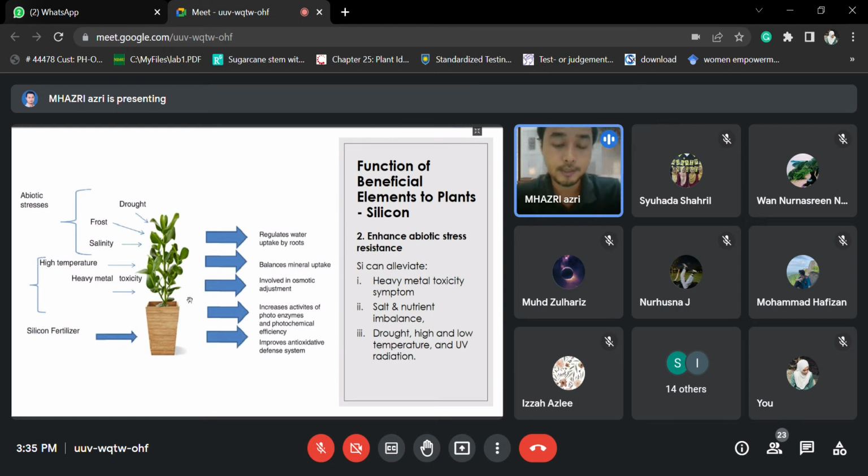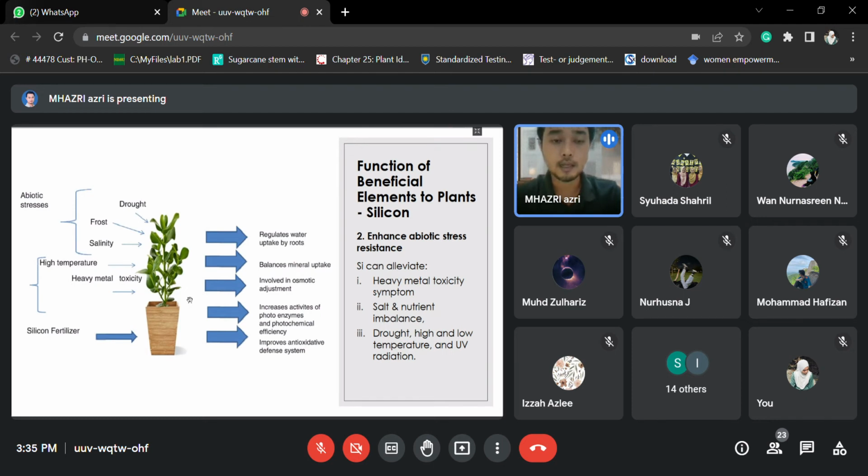So this acid sulfate soil are characterized by very low pH. Okay, dia punya pH 3 ataupun 4 something. Okay, sebab apa acid sulfate soil ni dia punya pH sangat rendah ataupun very acidic? Because it contains very high iron and also aluminium.